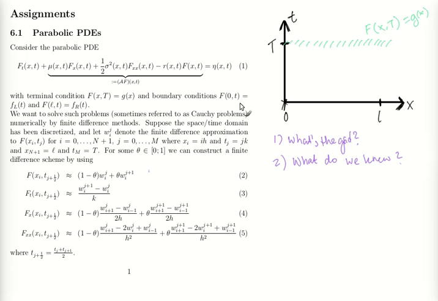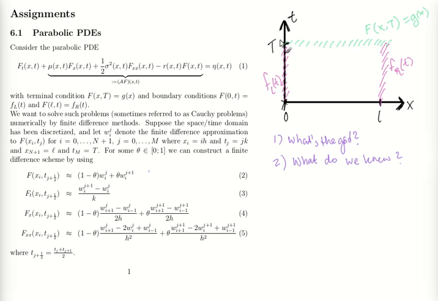And apart from that, we have boundary conditions for x equal to 0 and x equal to L. So here we have our boundary conditions. Everything along this line and this line is known as well, where this is given by f right of t, and this is given by f left of t.